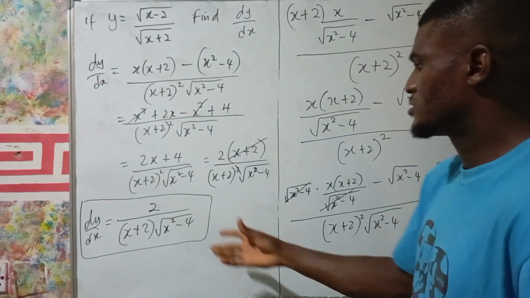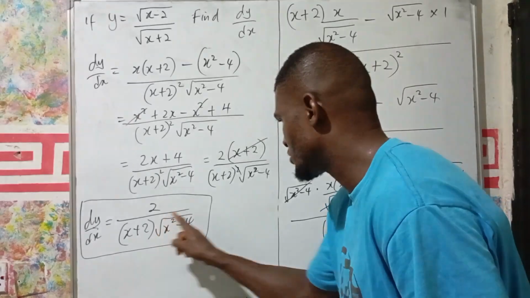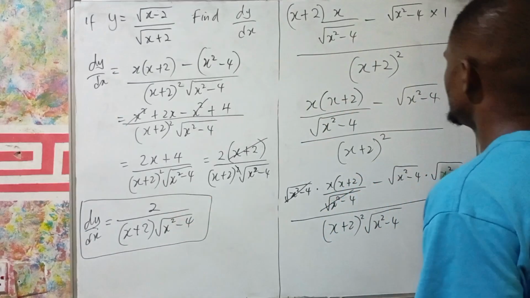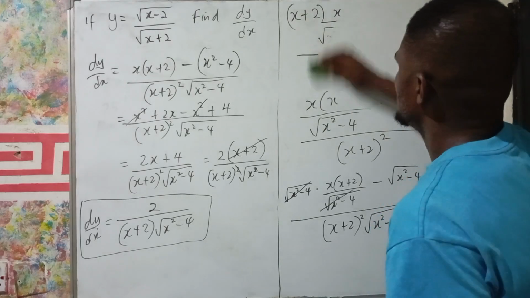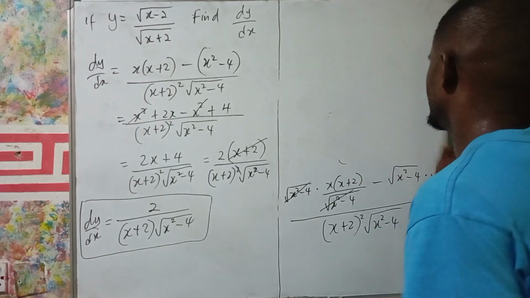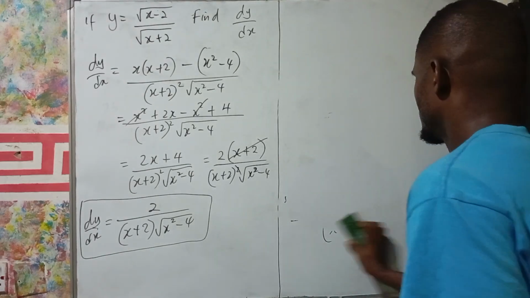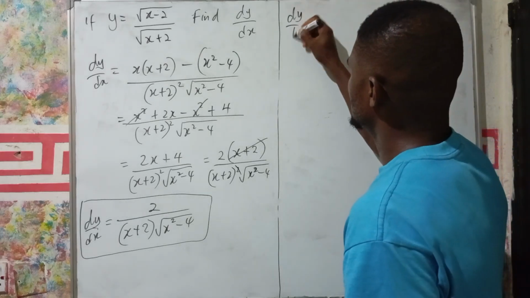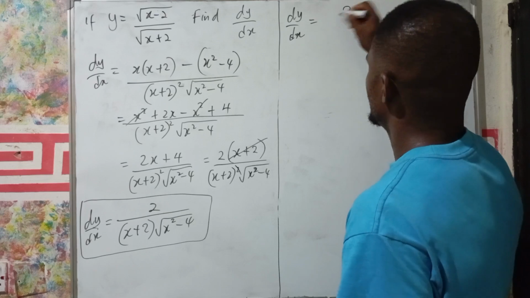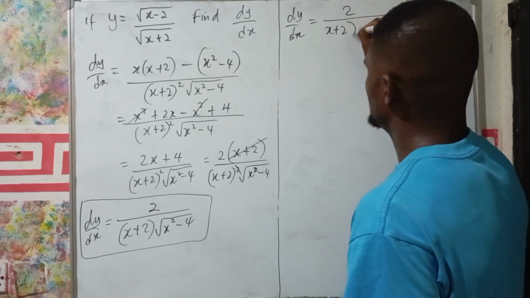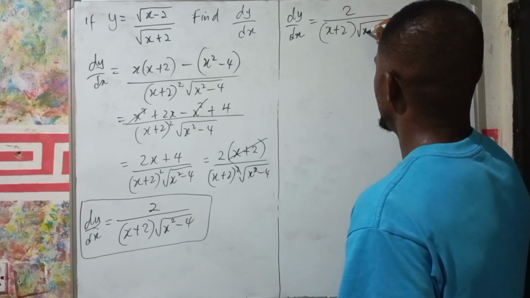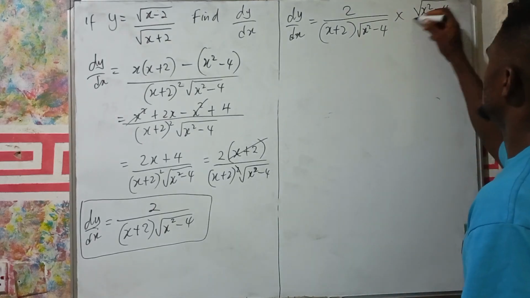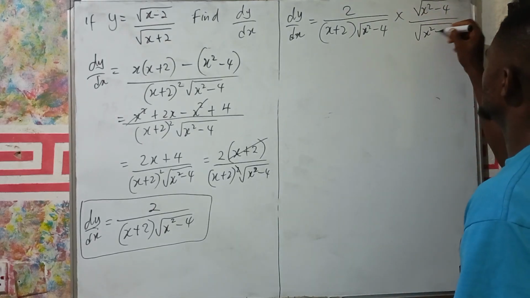but in case you want to remove the square root from the denominator, then you will need to rationalize. And to rationalize 2 over x plus 2 root of x squared minus 4, you will need to multiply root of x squared minus 4 to both numerator and denominator.